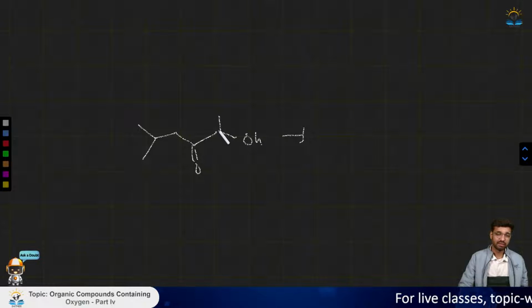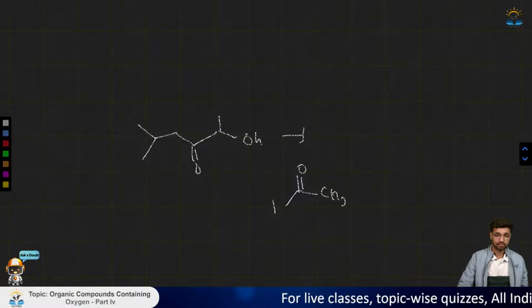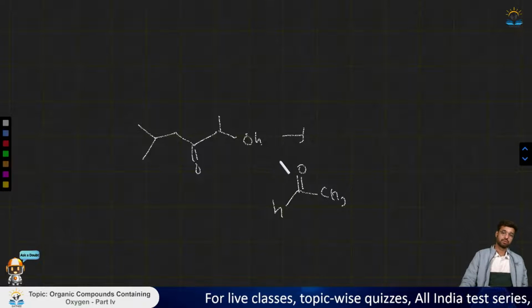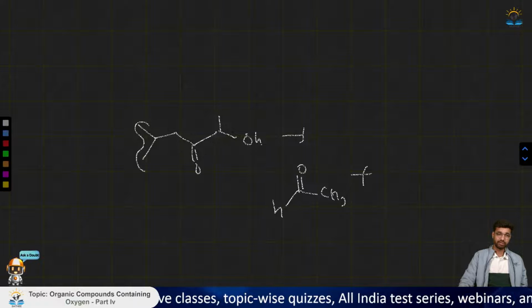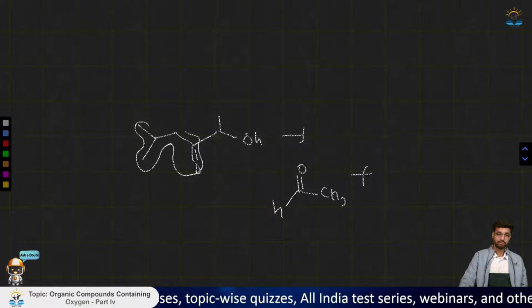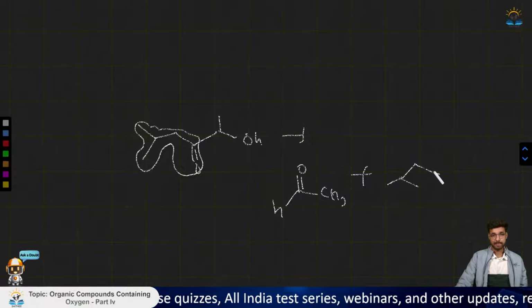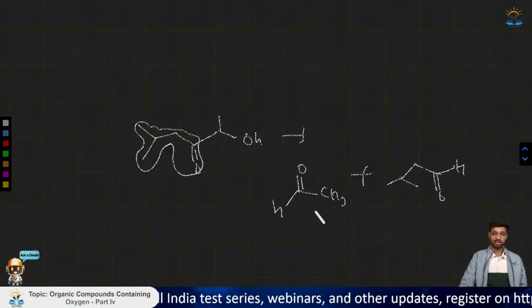This must be the carbon that has attacked on this carbon. This is the possible reactant that we can have for this, plus this will also. So it can give our aldol reaction.